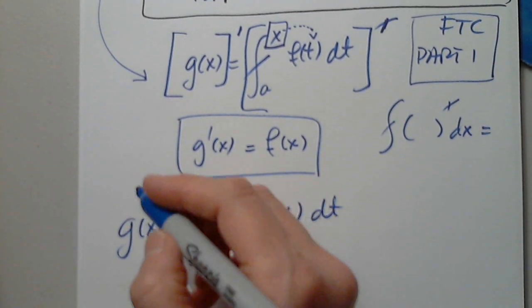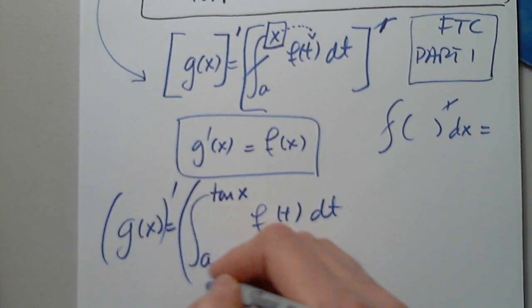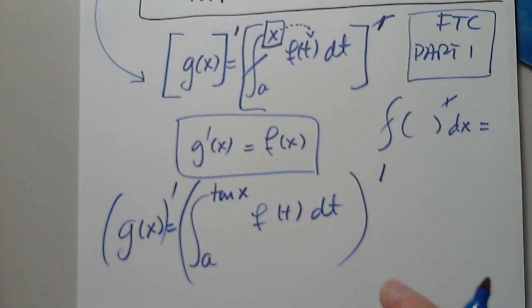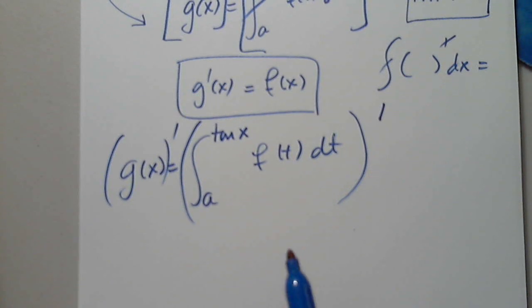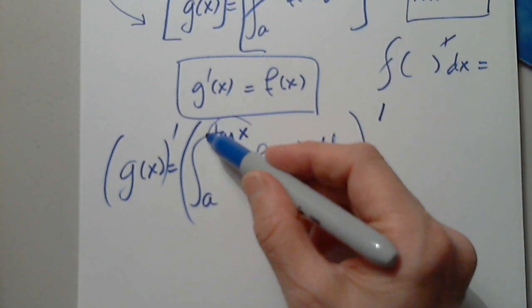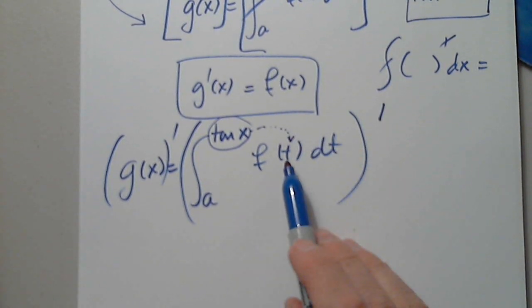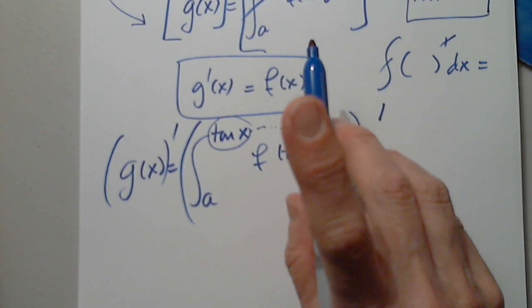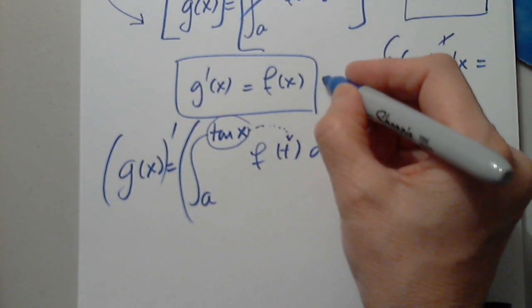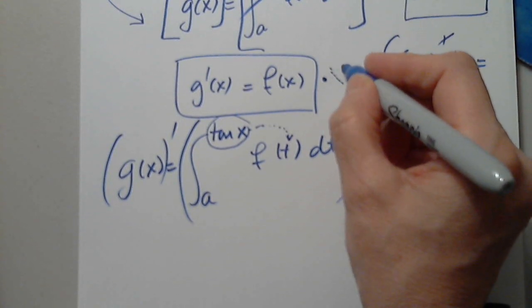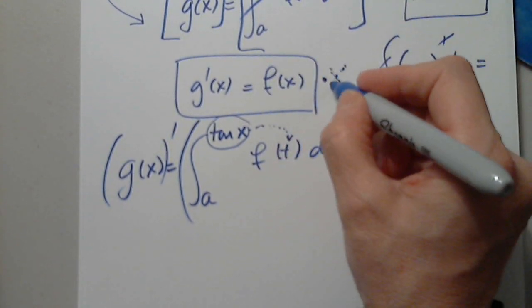I can only be asked to differentiate. I cannot be asked to do anything else. Well, all I need to do is the same thing. I replace t by tangent x. However, here I should have said times the inner function prime.